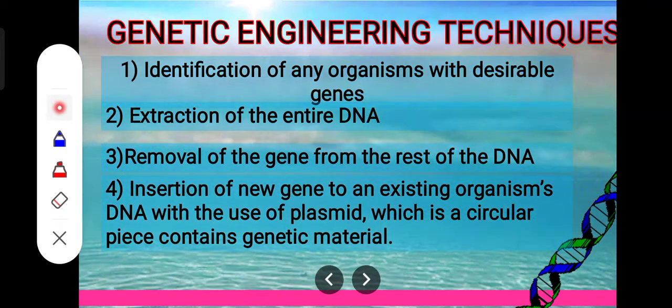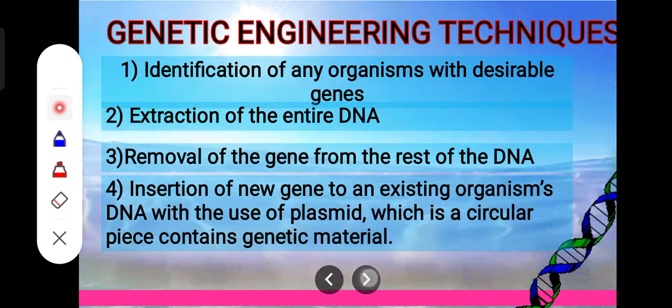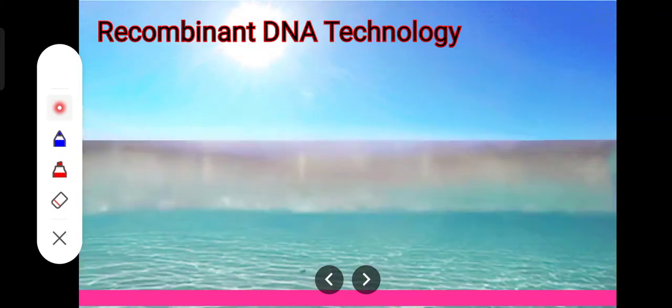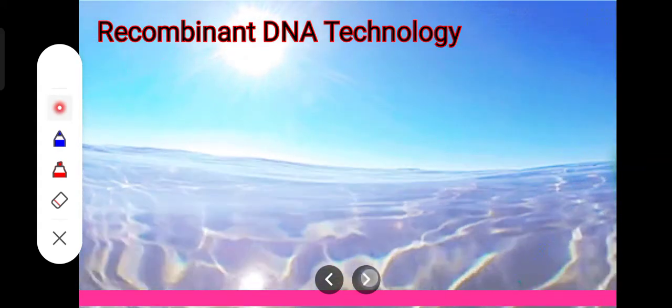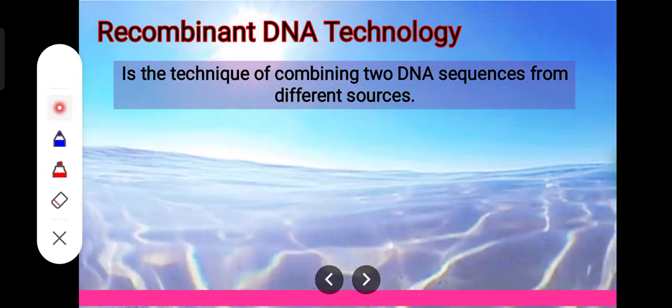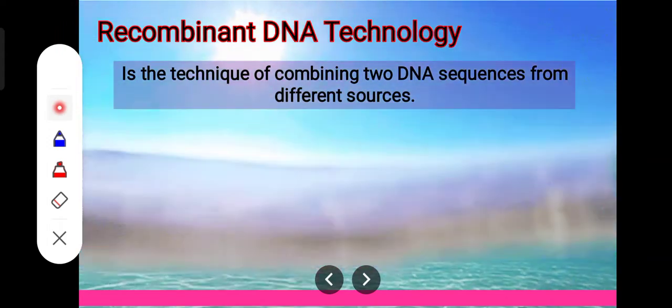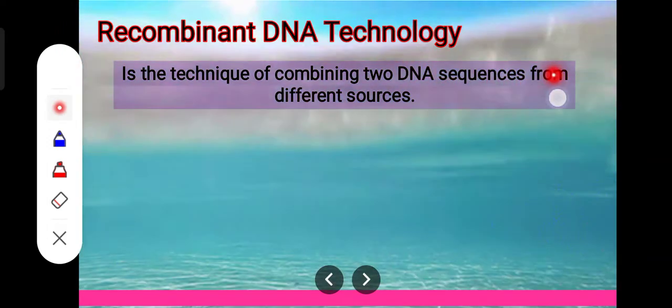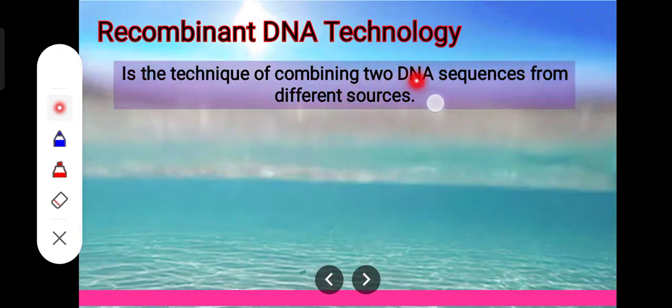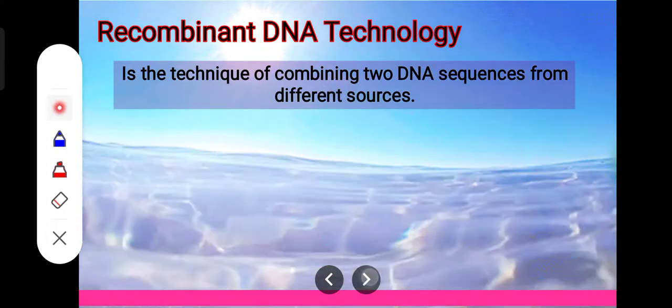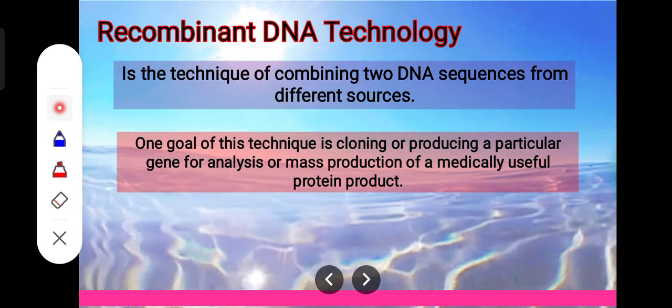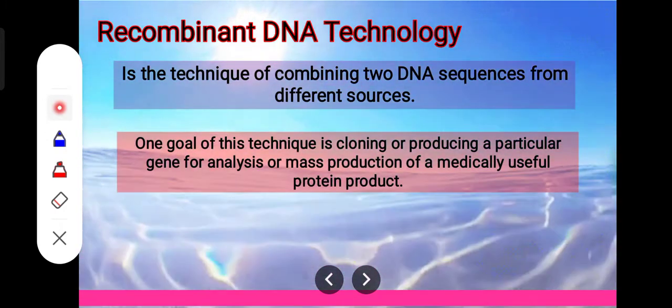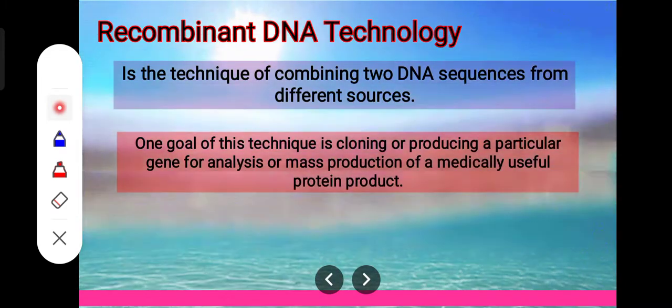So let us go now into recombinant DNA technology. It is a technique of combining two DNA sequences from different sources. From the word combination, combining two DNA from different sources.